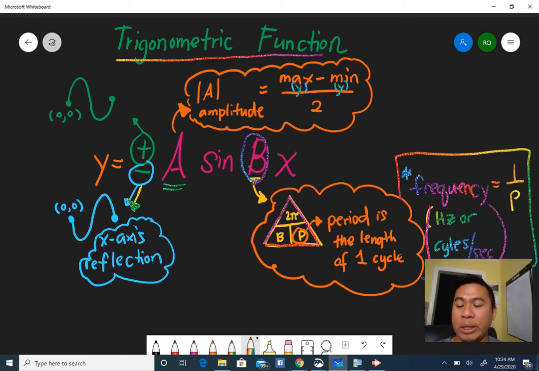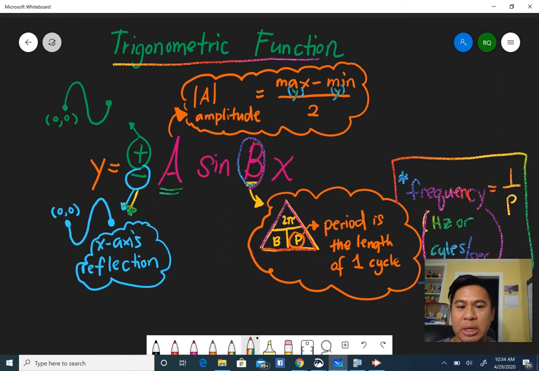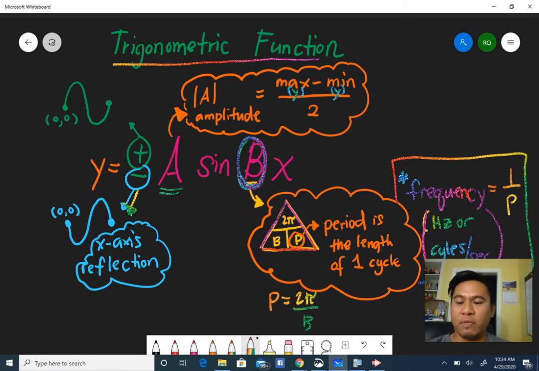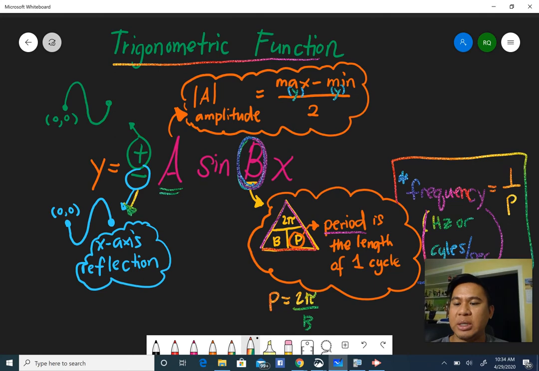Period is the length of one cycle, which for sine x is 2π. So if we want to compute p, it is equivalent to 2π divided by b, the coefficient of x. Frequency is simply the reciprocal of the period, usually in cycles per second, or hertz.